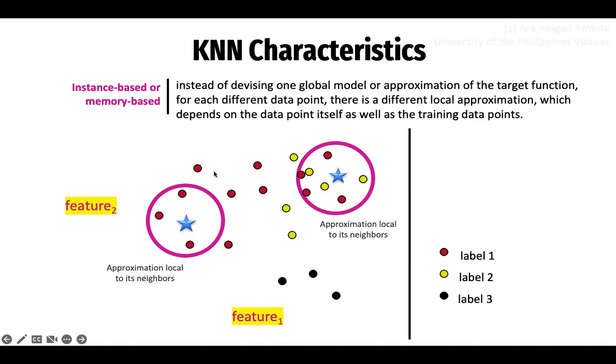So again, the approximations are local to its neighbors. In short, the prediction is based on the comparison of a certain query point with data points in the training set, rather than a global model. So in this case, it is considered instance-based or memory-based.